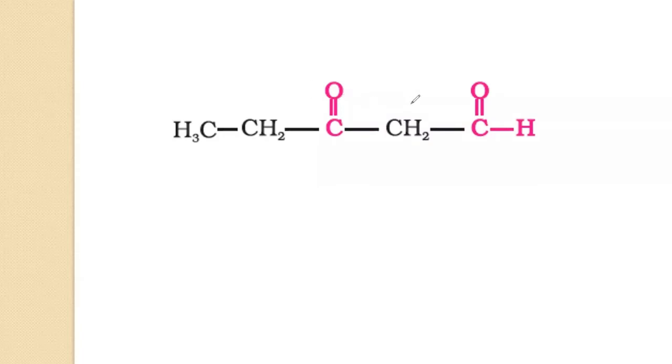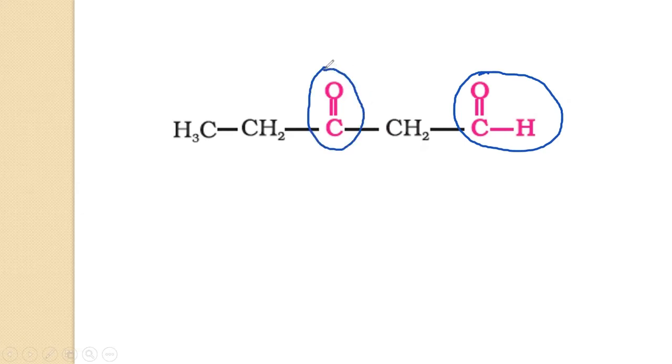Now here we have two functional groups. We have the aldehydic functional group and we have the keto functional group. The priority is to the aldehyde. We number it in such a way that the aldehydic carbon gets a lower number and we also name it as an aldehyde. We put in the suffix al.